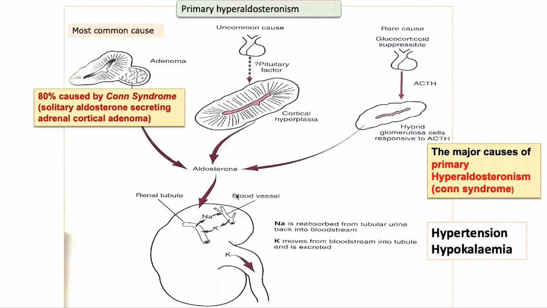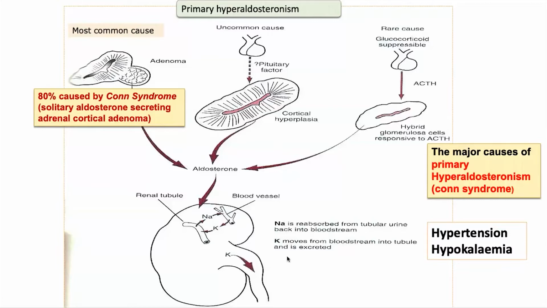So what happens in the renal tubules? There will be sodium reabsorption from the tubular urine back into the bloodstream, and then potassium will be moved from the bloodstream into the tubule and excreted. So the patient will present with hypertension due to hypernatremia and also hypokalemia.